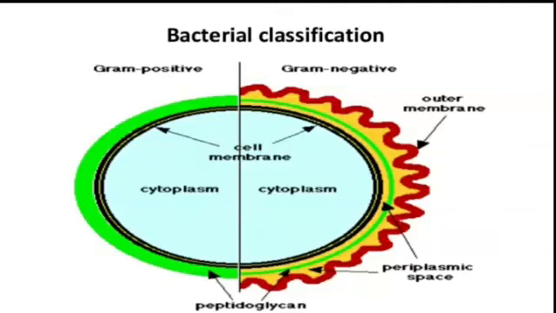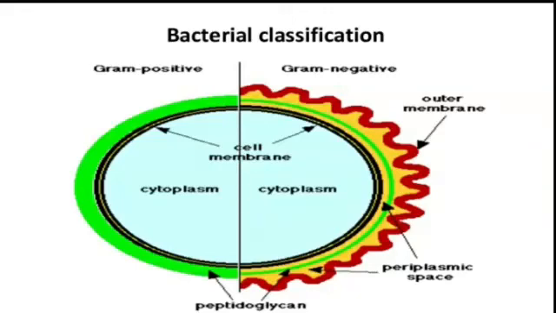That is the yellow color which I have given here in gram-negative. And gram-negative has an outer membrane, the red part covering the periplasmic space, whereas in gram-positive there is no outer membrane.